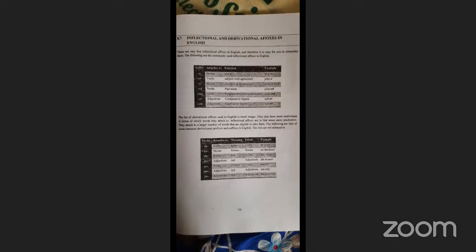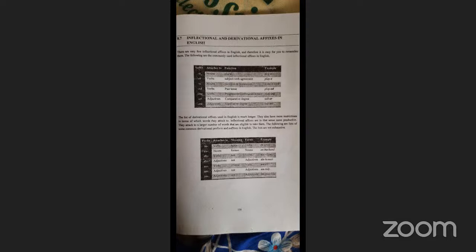I hope you now understood the difference between inflectional and derivational. You derived a new category of word from the existing word, right?